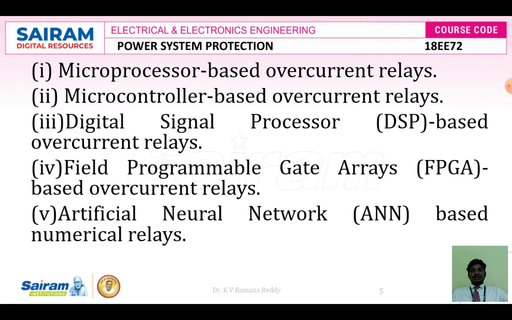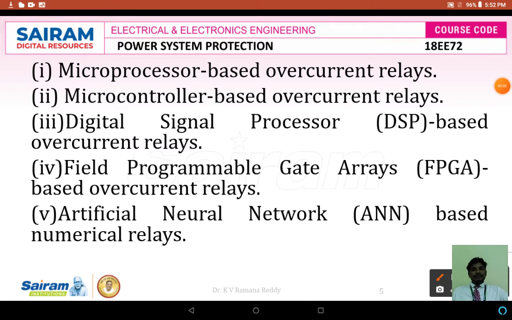Those are called microprocessor based overcurrent relays, next, microcontroller based overcurrent relays, DSP based overcurrent relays, called digital signal processor based overcurrent relays, FPGA based overcurrent relays, called field programmable gate array based overcurrent relays, and ANN based numerical relays, called artificial neural network based overcurrent relays.